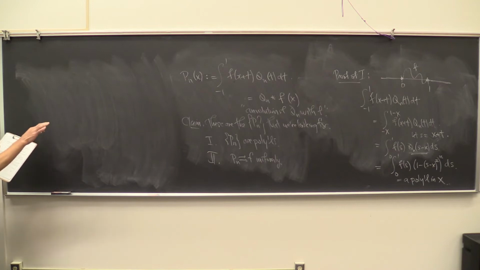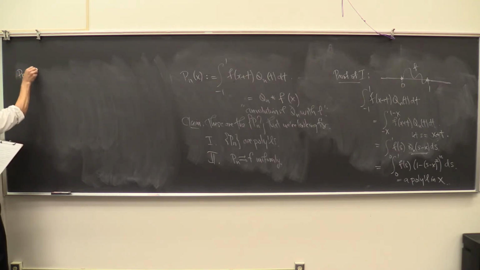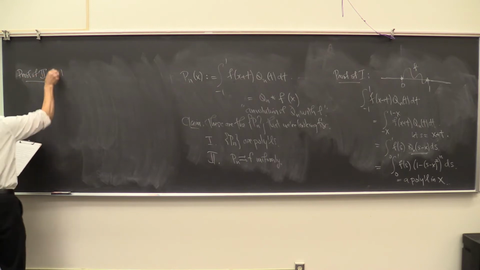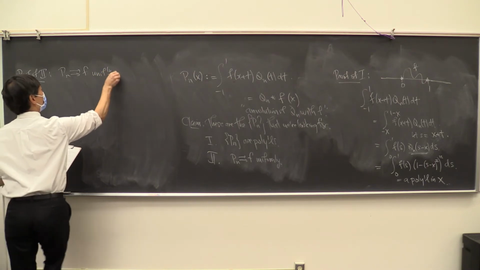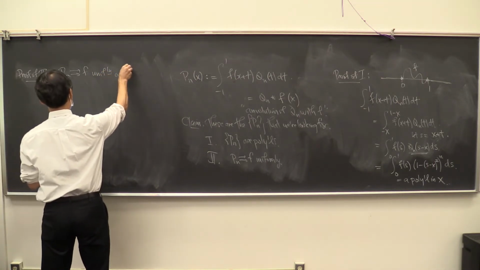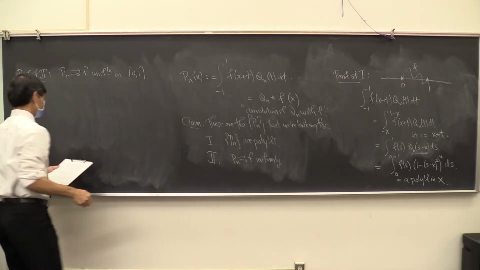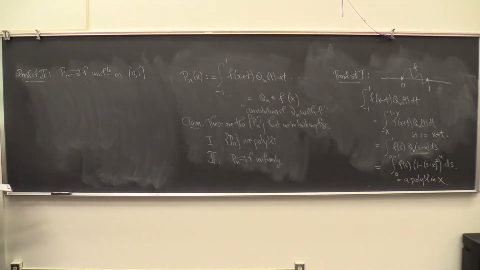Okay, so we want to see that these guys converge to f uniformly. So proof of 2, right? That the Pn converge to f uniformly on 0, 1. So what does that mean?